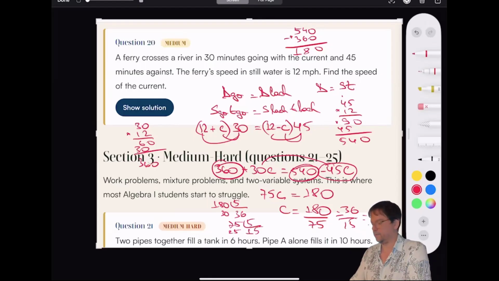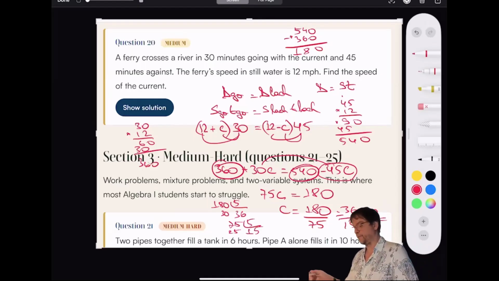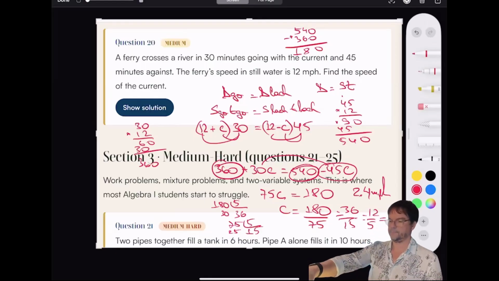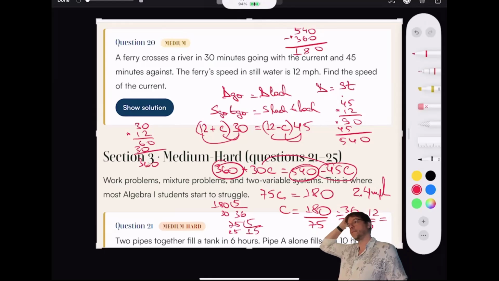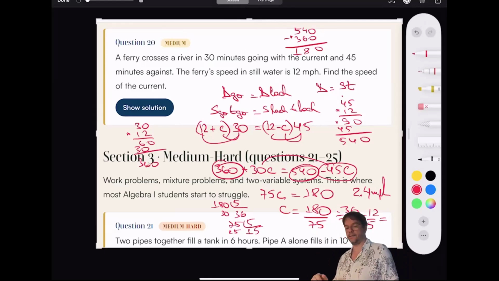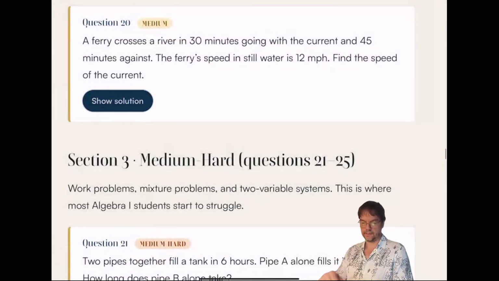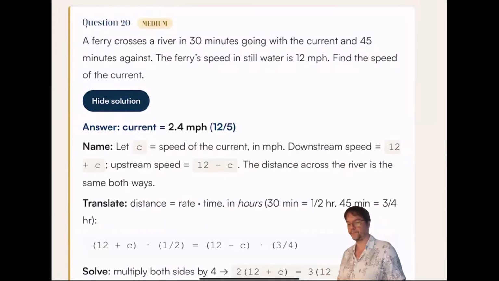Divided by 3 is 12 over 5. So 12 over 5 is like 24 over 10, that's 2.4. 2.4 miles per hour is the speed of the current. Is that okay? Yeah. I don't know if I made any mistake. 2.4. Okay?